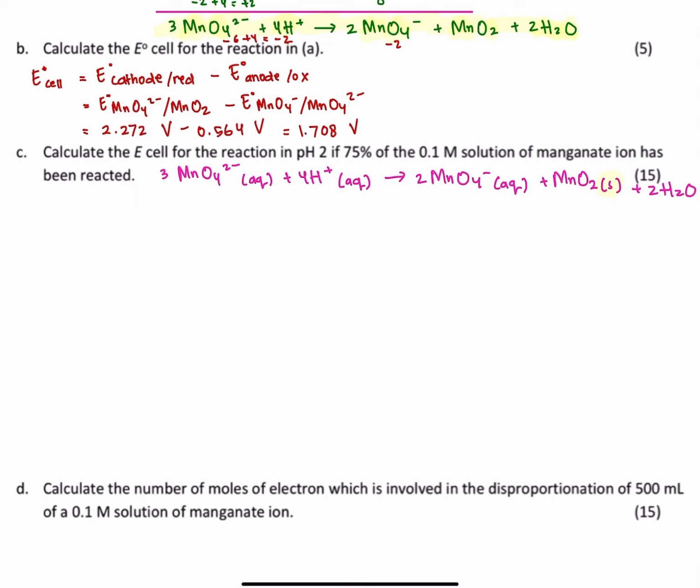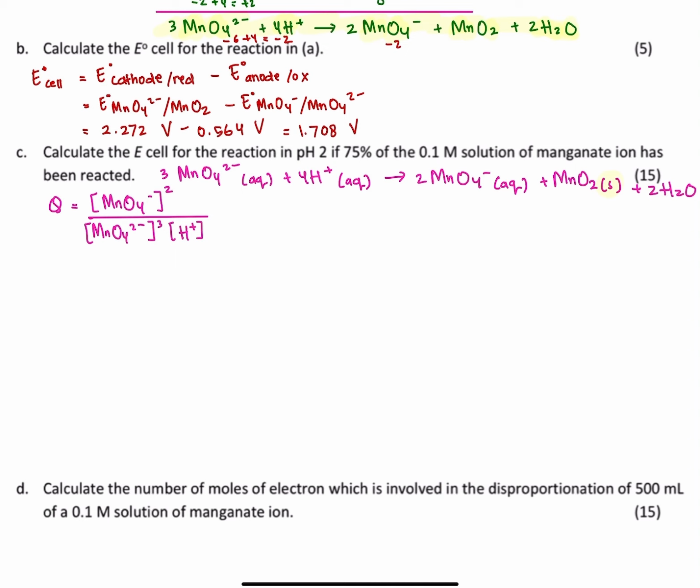So if I write down the Q here, that should be the concentration of the MnO4 minus, and then divided by, I don't forget the 2 because we have a coefficient over there, the manganese ion concentration, and here we have like 3, and also H plus over here. This is 3.